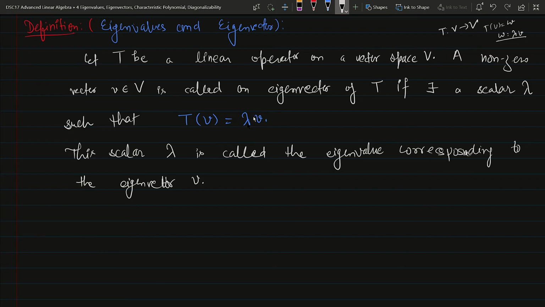Now we have another scenario where we define eigenvalue and eigenvector for a matrix.